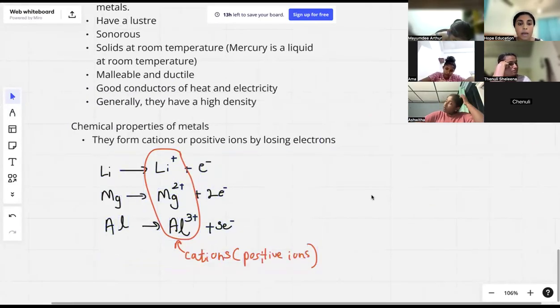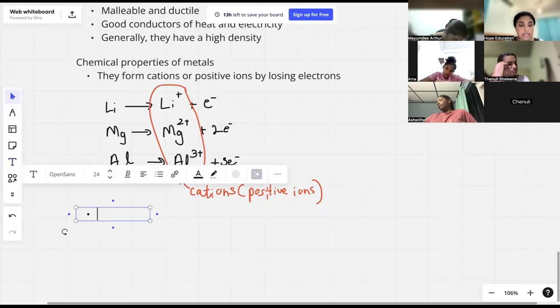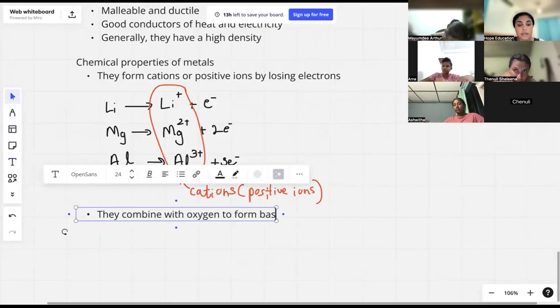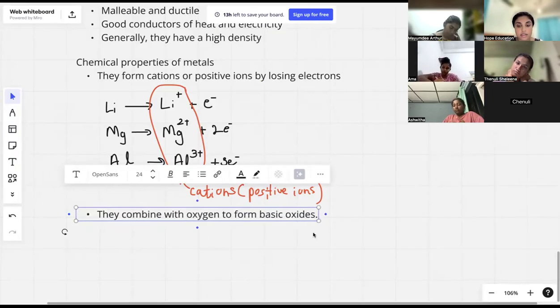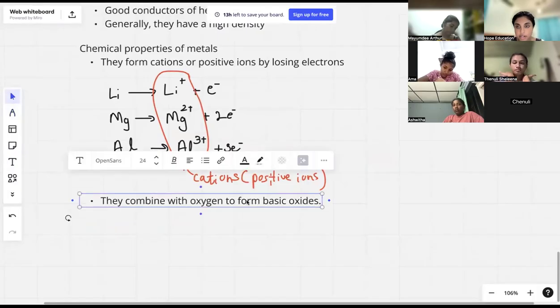Then another chemical property is that they combine with oxygen to form basic oxides, right? I will not explain anything at the moment because in the future I'm going to explain it. Because we need to know how this combines with oxygen and all of that.